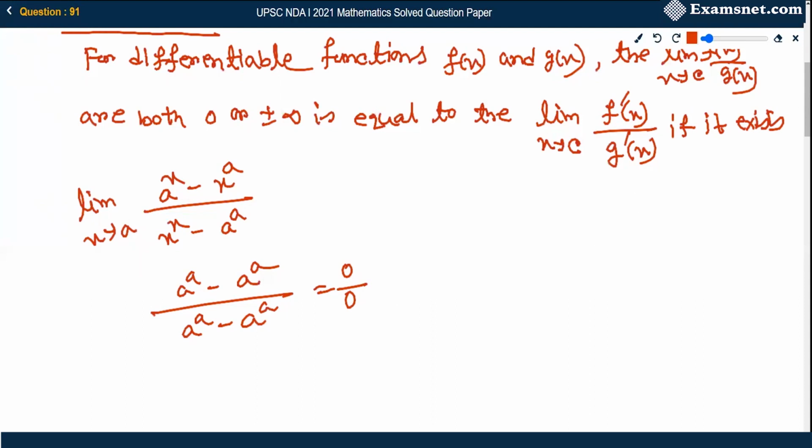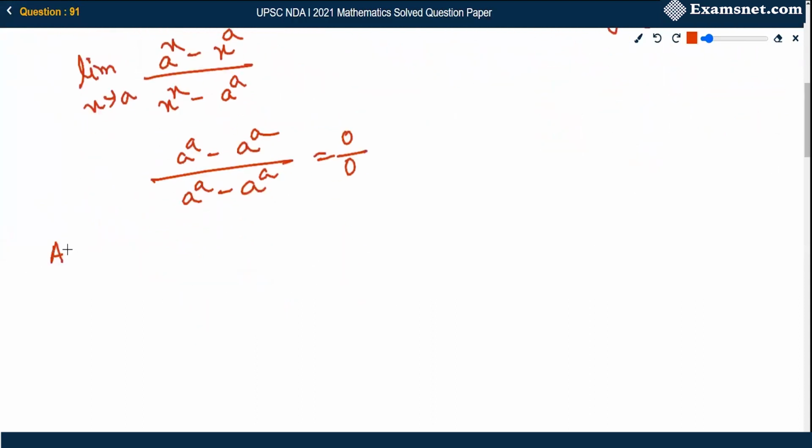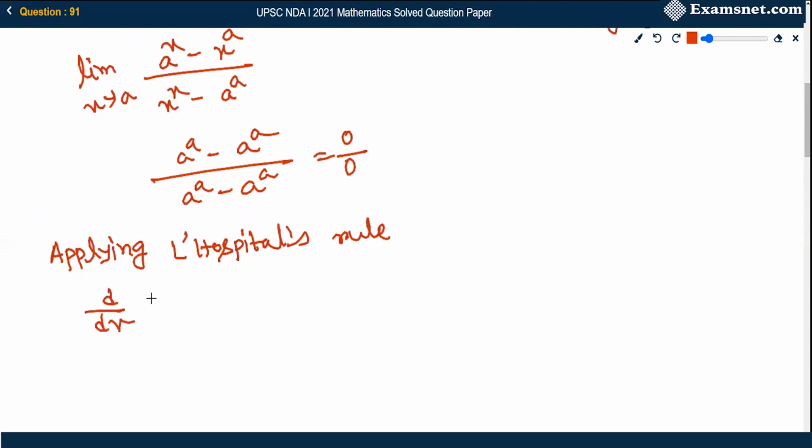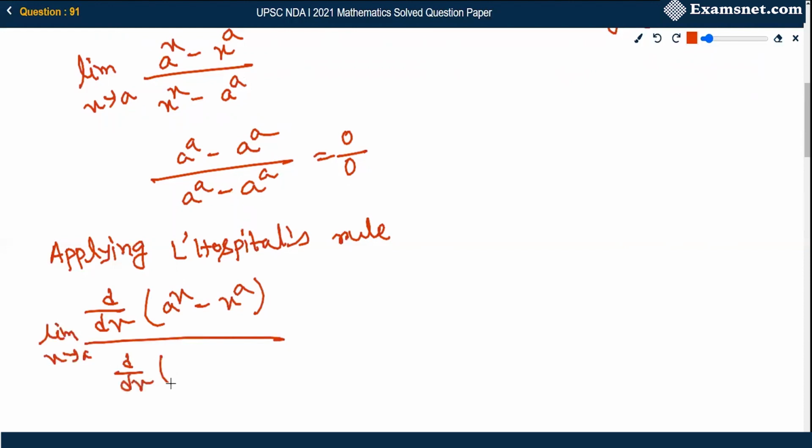Now applying L'Hospital rule, first we will differentiate this. So let's differentiate it, applying d/dx of a to the power x minus x to the power a, by d/dx of x to the power x minus a to the power a, with limit x tends to a.